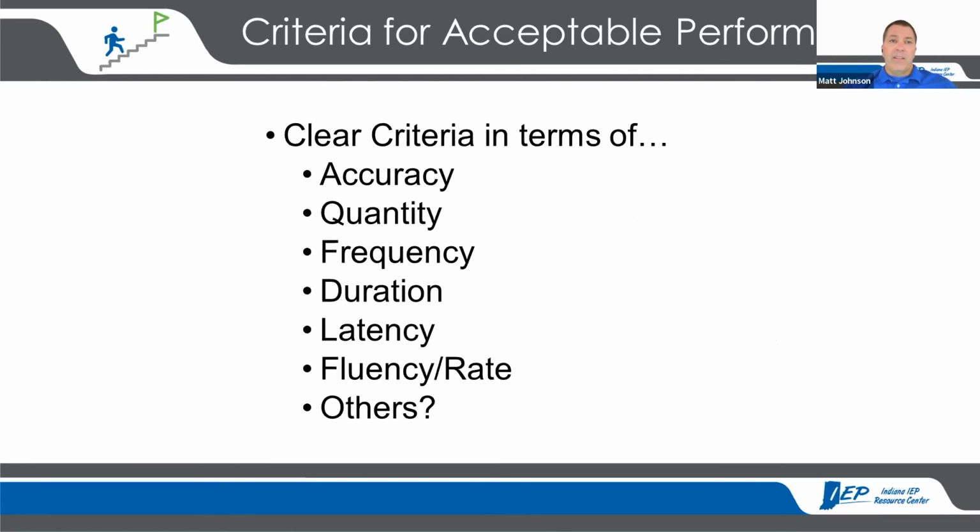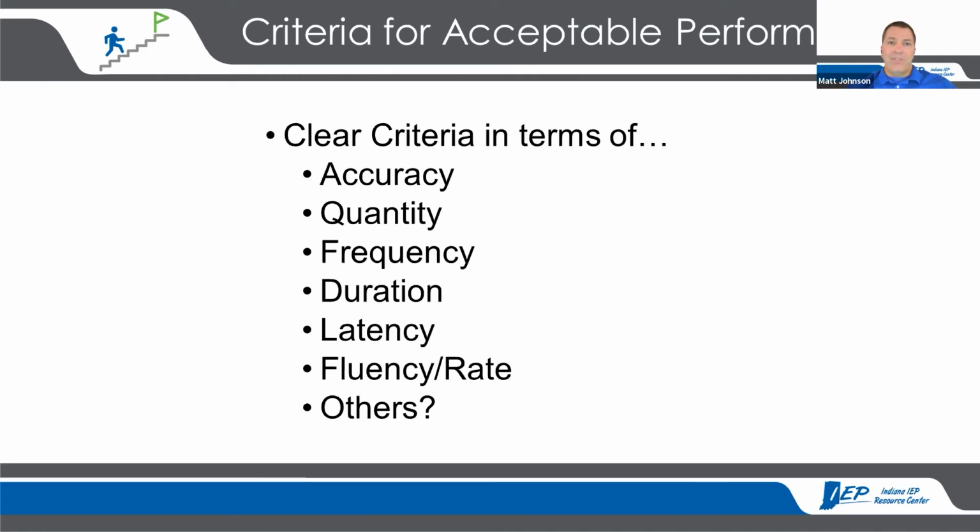student. So when we're thinking about criteria for acceptable performance, think in terms of accuracy, how accurate we want the student to be. Like, given so many types of math problems, the student will answer them correctly, or will correctly compute them, however you want to write that. Correctly compute 80% of the 20 problems, or whatever it happens to be.